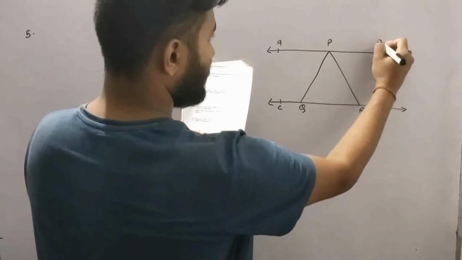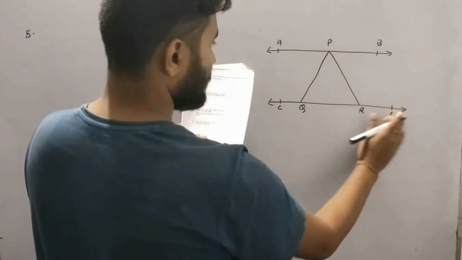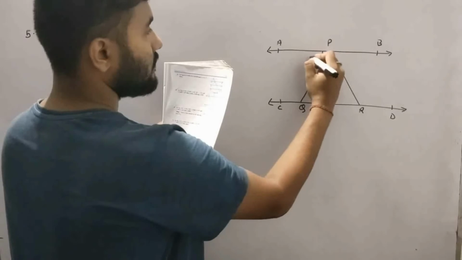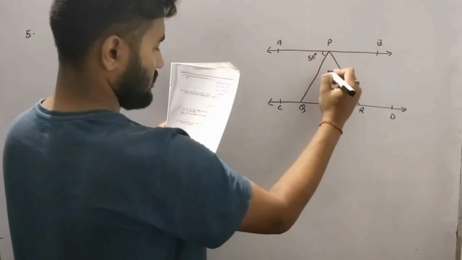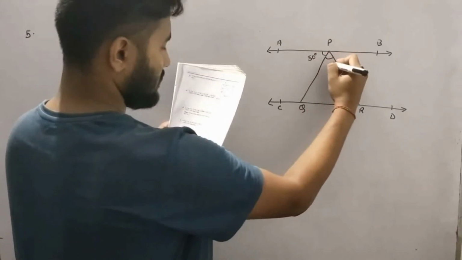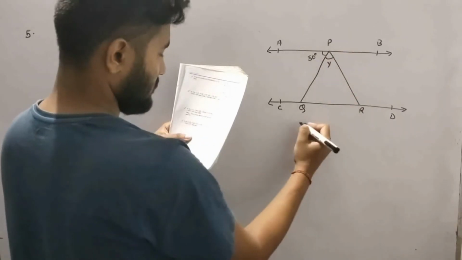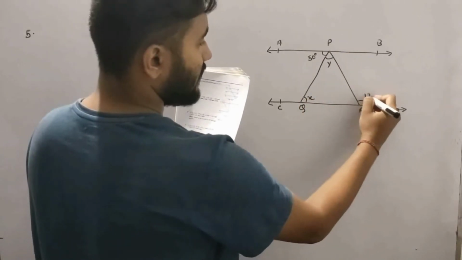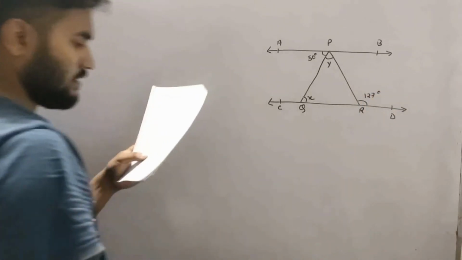Over here it is AB, CD. Then this is 50 degrees. This angle is Y. This angle is X. This angle is 127 degrees.